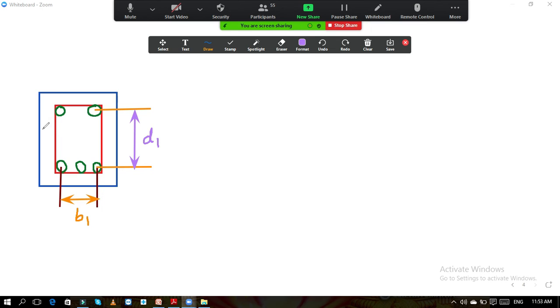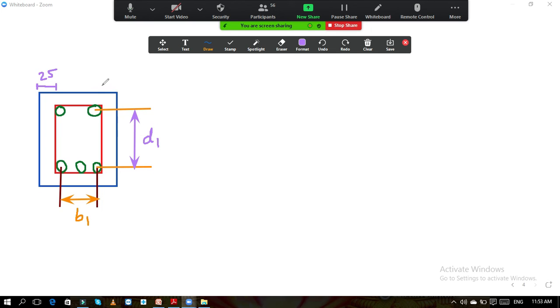From all the sides, the clear cover is 25 mm. From this side also the clear cover is 25 mm, from bottom also 25 mm, from top also 25 mm, because we have assumed our clear cover as 25 mm. For your understanding I will show over here. This is 25.